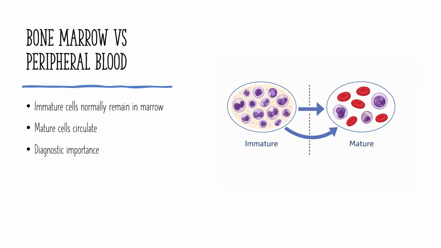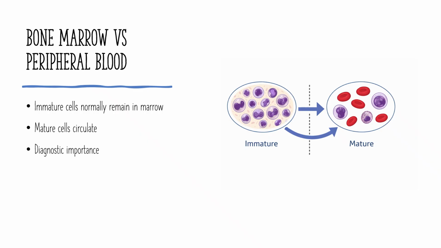This slide connects directly to diagnostic reasoning. Under normal conditions, immature cells belong in bone marrow, not the bloodstream. Marrow acts as both a production site and a quality control checkpoint. Immature precursors are retained until they reach functional maturity. Only then are they released into circulation, where they can actually perform their physiologic roles.